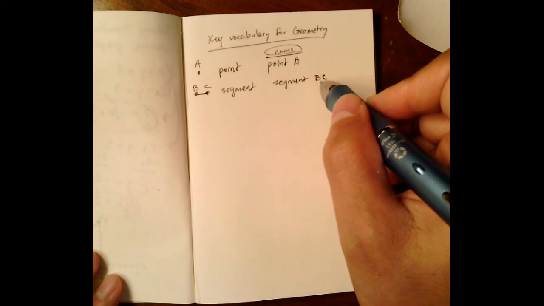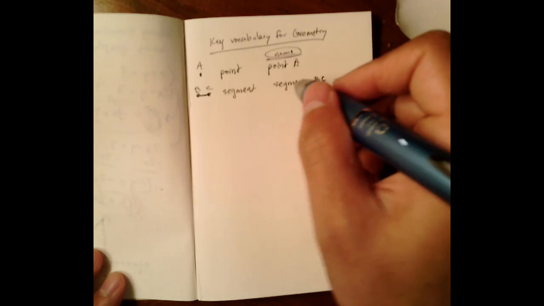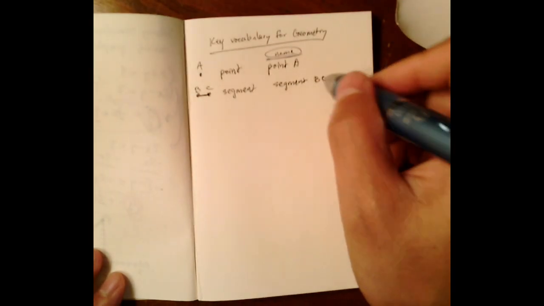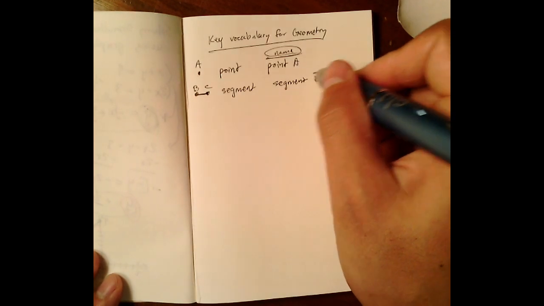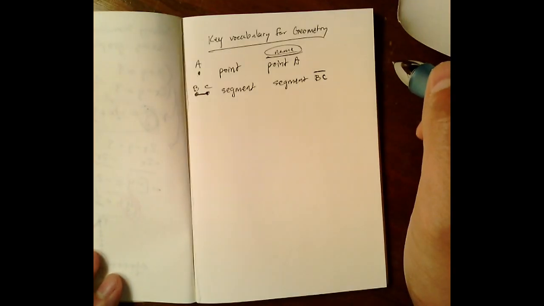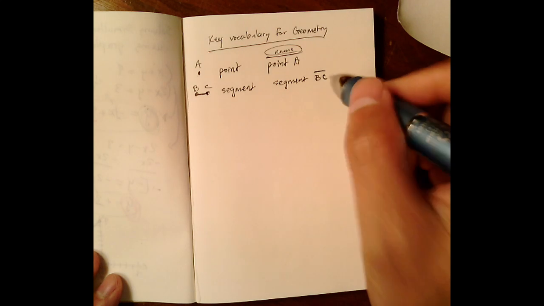And often in mathematics, if they don't say the word segment in front of it, and even sometimes when they do, they often will draw a line over the letters just because it represents that this definitely has a start and an end.